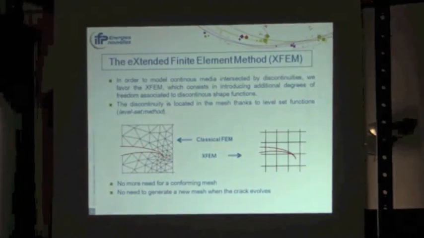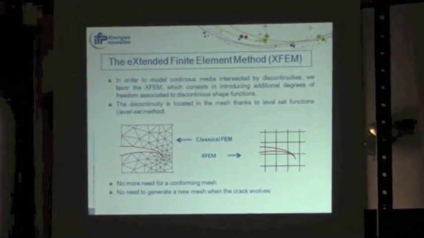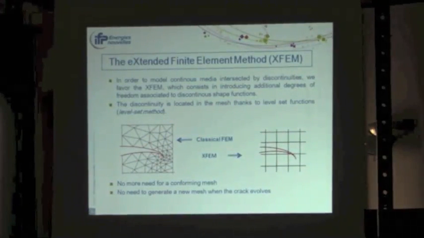So we prefer what we call the extended finite element method, that consists in introducing additional degrees of freedom associated to discontinuous shape functions. The discontinuity is then located in the mesh thanks to level set functions. We've got the same crack on the left side and on the right side, meshed with the classical finite element method. Here we have elements conforming to the mesh and a fine mesh at the crack tip in order to catch the singularity.